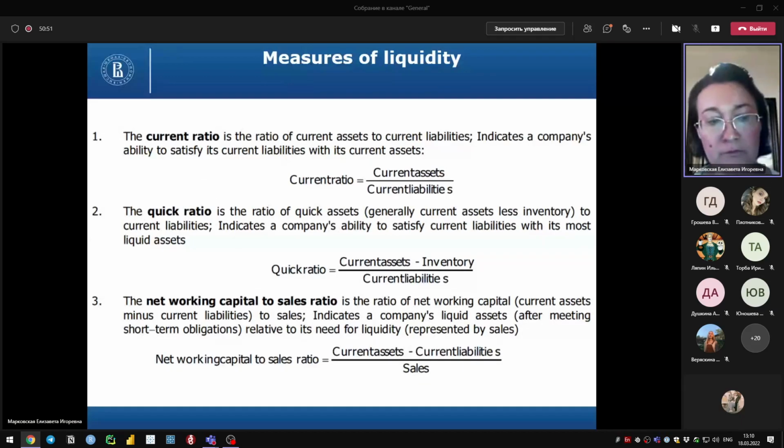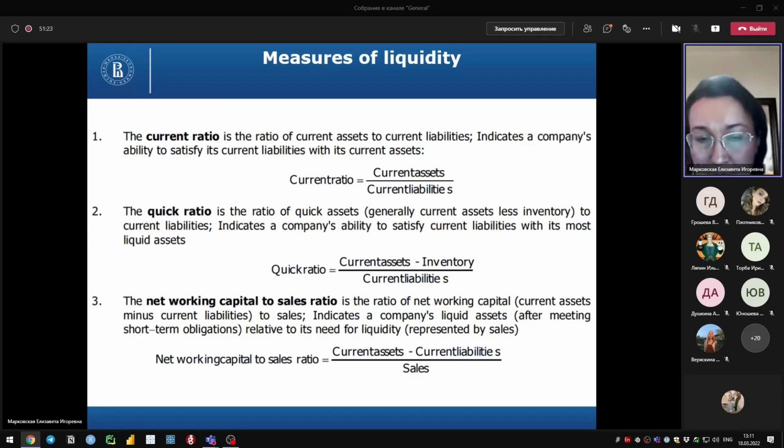So let's talk about the liquidity ratios. We have several liquidity ratios, but the most popular, most well-known ratios are the current ratio, quick ratio, net working capital, and net working capital to sales ratio.